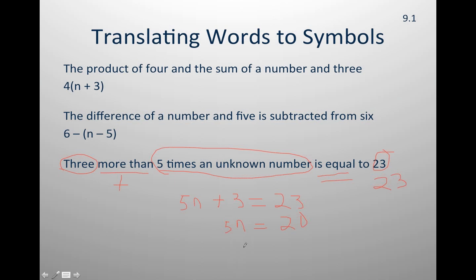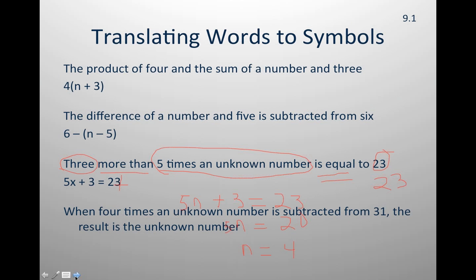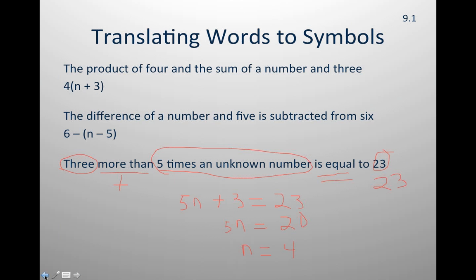And then we'll divide by 5 on both sides, and it'll equal 4. Okay. But if we had said 3 plus 5n, we still would be okay because addition is commutative. And so understand that one little rule makes us okay with not having to worry about the order so much. Okay.